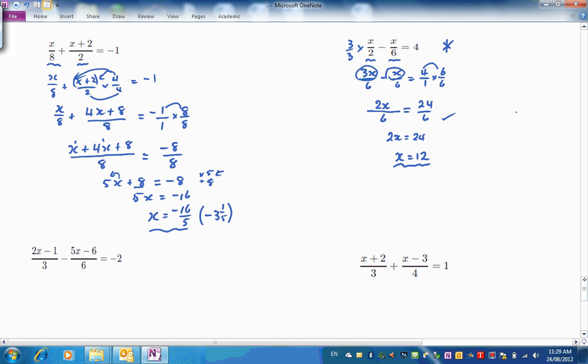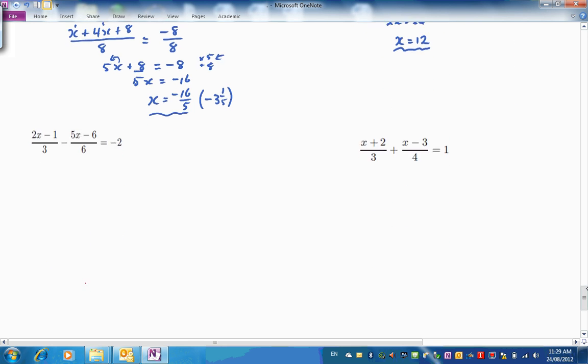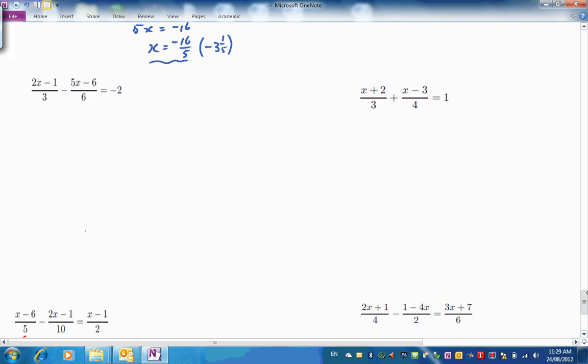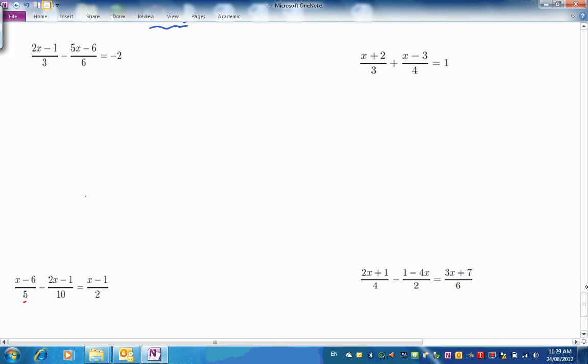All right, we've got a few more. Let's come down and have a look at these now. So here is my next one. So do you want to pause me and have a go? All right, well, coming back, we can see 3 and 6. So I'm just going to work on this fraction over here. Because if I multiply top and bottom by 2, I can make it the same as this 6.